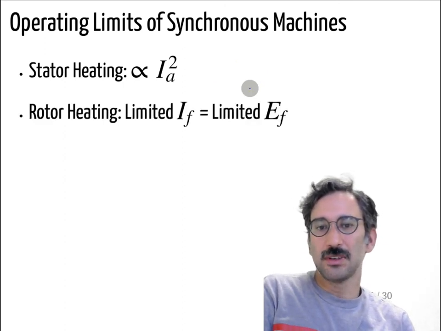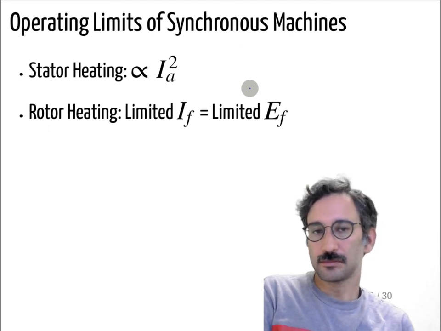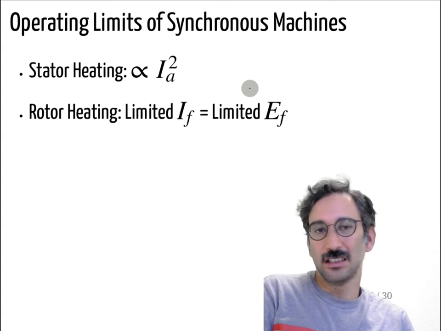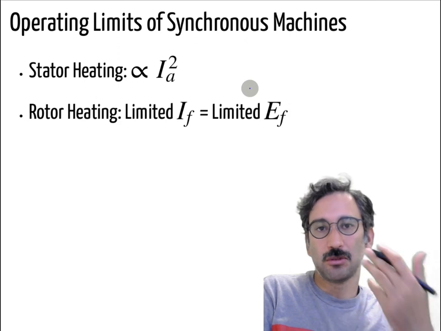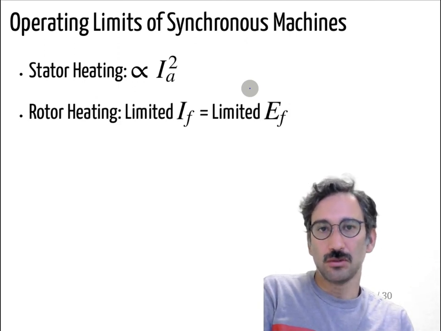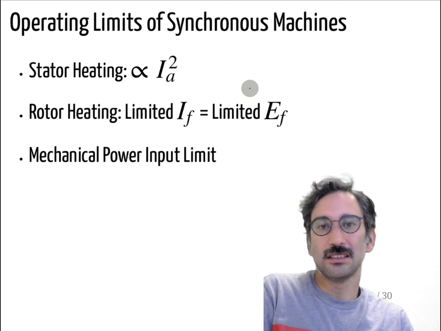And the second one is the rotor heating. Maybe the stator current is well within the limits, but you are giving more and more field current. Then at some point you are generating some I_F squared times R_F, and that will create some rotor heating. On top of that, even if it is not overheated, the magnetic core can get saturated.